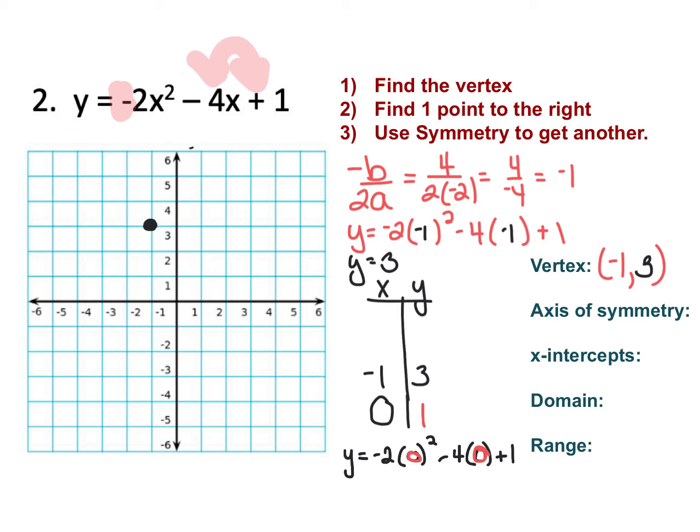So by symmetry, I know that the point that is immediately to the left of my vertex also has to have a y value of 1 because it has to be symmetrical. So immediately to the left would be x = -2. So I know there's a point right here because the axis of symmetry has to go through the vertex. So my axis of symmetry would be the vertical line x equals -1. And I'm going to draw my smooth curve.